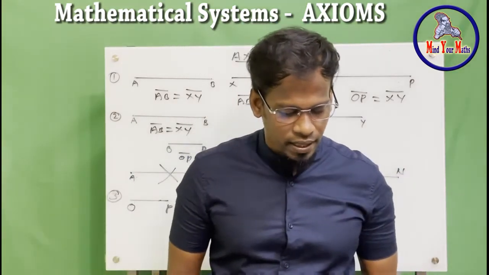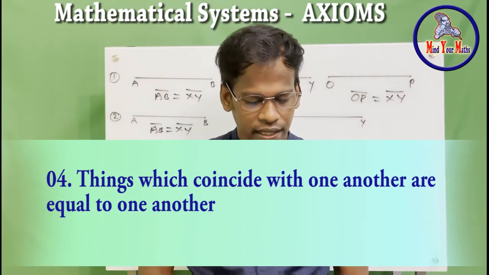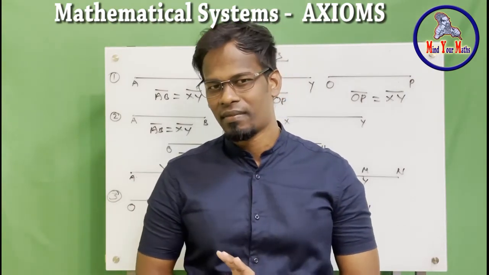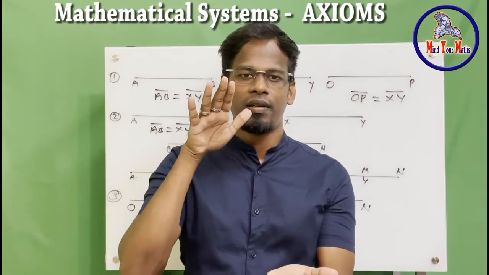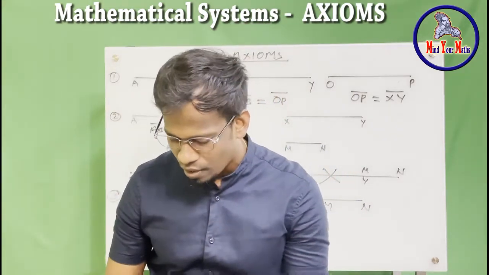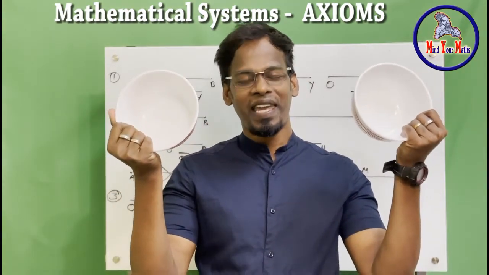The fourth axiom says things which coincide with one another are equal to one another. What it means is, what is coinciding? Do you know that? Coincide means like sitting on top of it. Got it? I'll explain. So far we used the fruits. Now I will use the bowls that I used for keeping the fruits.